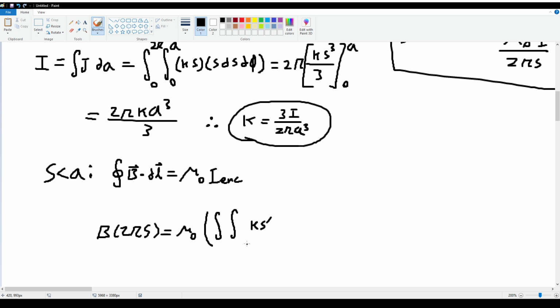We can call this S prime, or R if you prefer, but it'll be some radius.